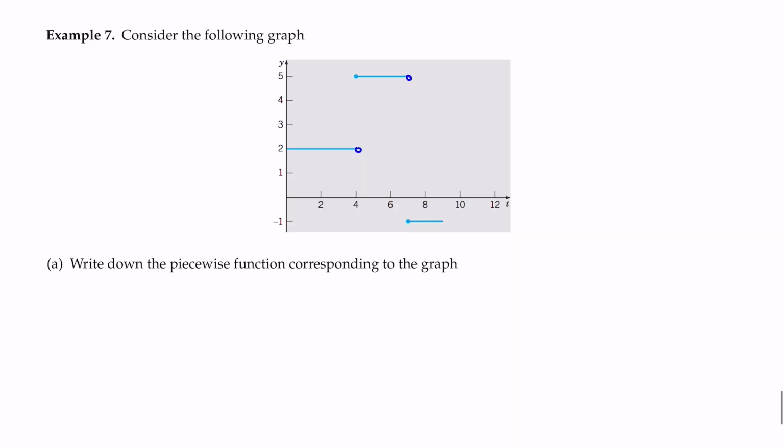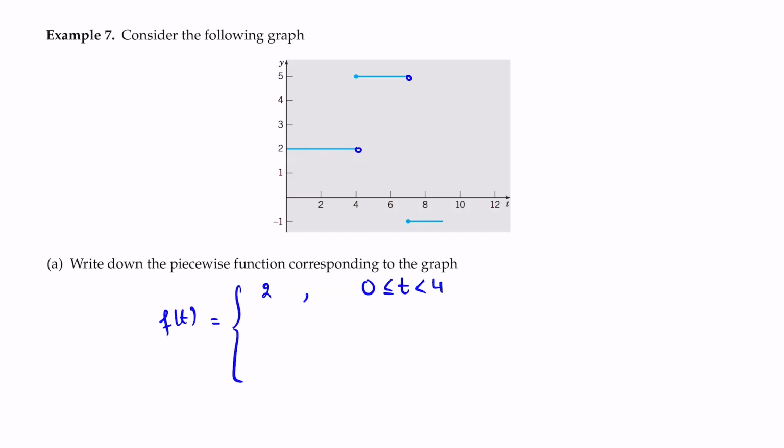All right, let's write down the piecewise function corresponding to the graph that you see here. There are 3 different pieces that you need to look at. The function is equal to positive 2 for the interval between 0 and 4. So this is positive 2 when t is between 0 and 4, and t has to be strictly less than 4 because the discontinuity occurs there, and the open circle is on the first function.